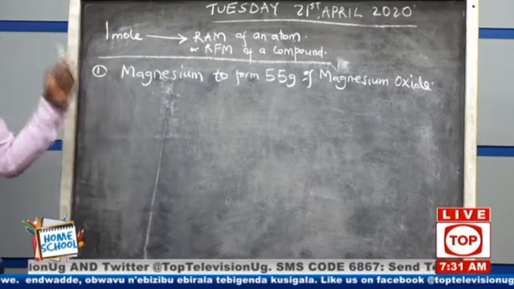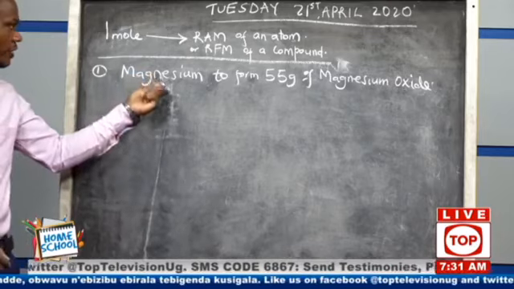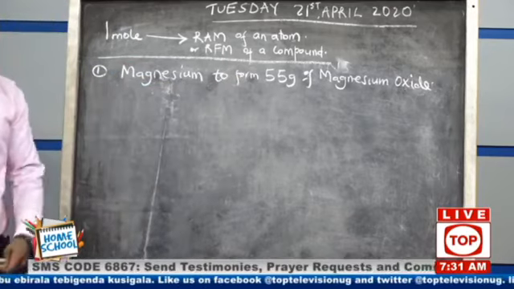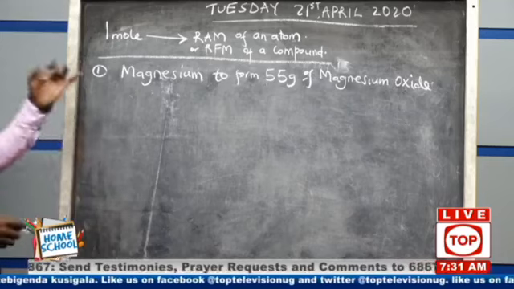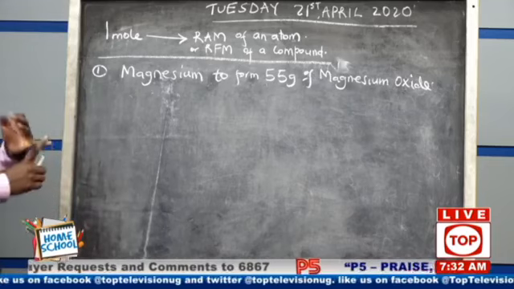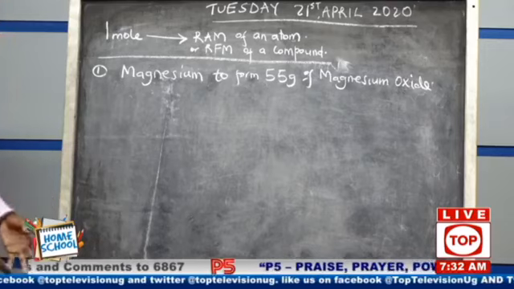And we said the first thing you do is to write the equation. When they say magnesium to form magnesium oxide, what goes into your head? What is required to form magnesium oxide? You need magnesium and oxygen.